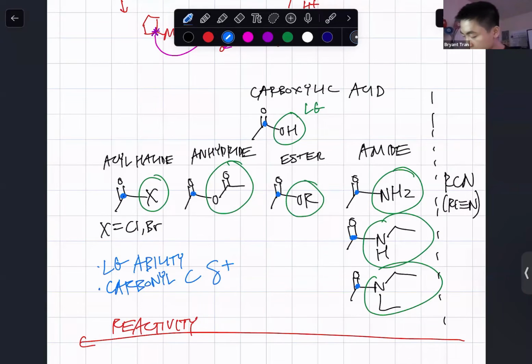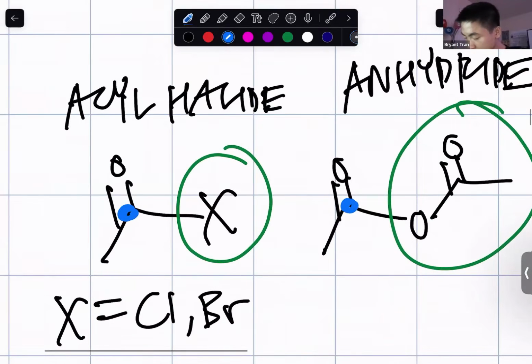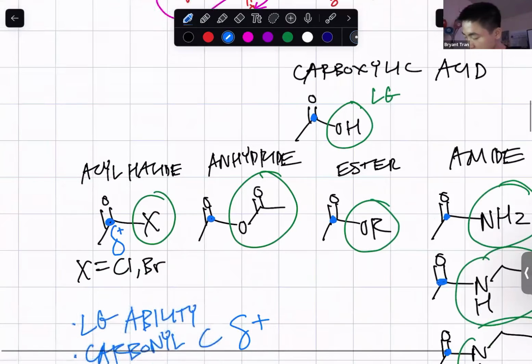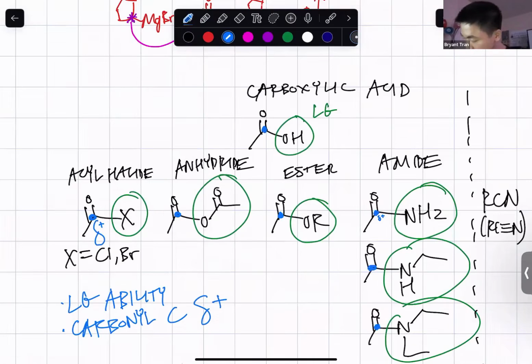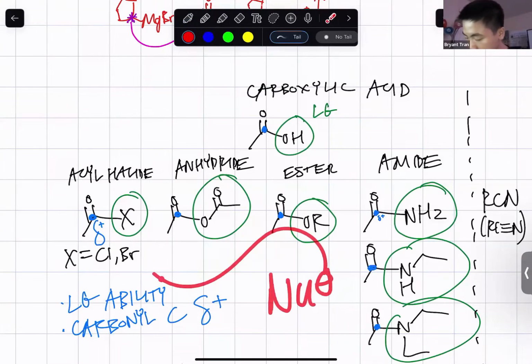If you look at the acyl halide over here, since it's the most reactive, it has the biggest positive charge, whereas the amide will have the smallest positive charge. So if a nucleophile comes around, it's going to be most attracted to the acyl halide because it has the biggest positive charge, and least reactive to the amide because it has the smallest positive charge.